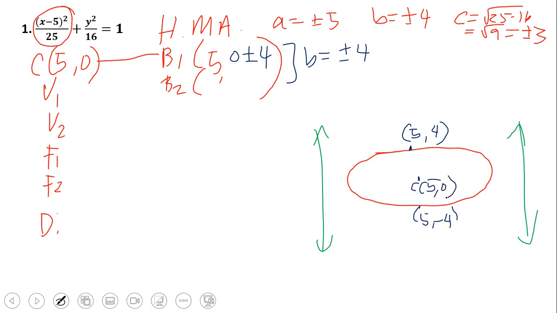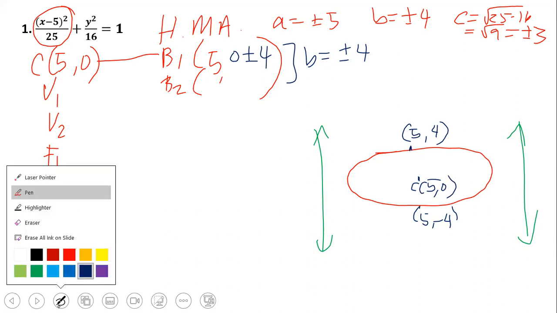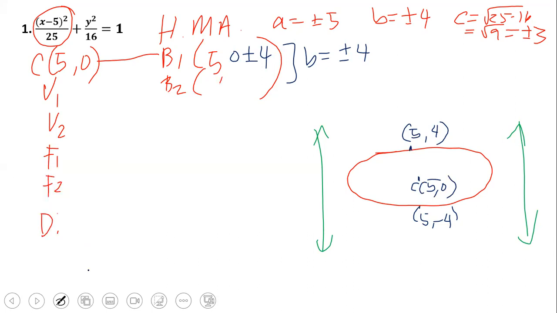Next is you also have the vertex. So sa vertex po, so kukunin natin vertex. Remember, vertex is represented by A. So A is equal to plus minus 5. So for the plus minus 5, kukunin natin, A natin is already plus minus 5. So this will be shift in X's.